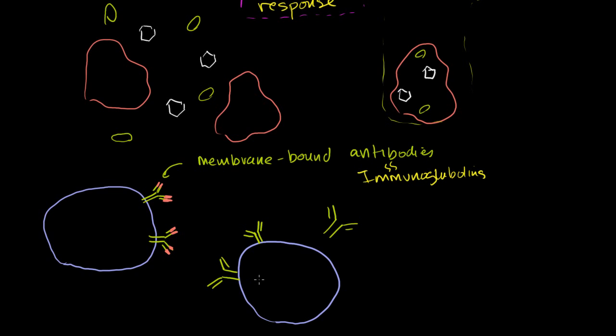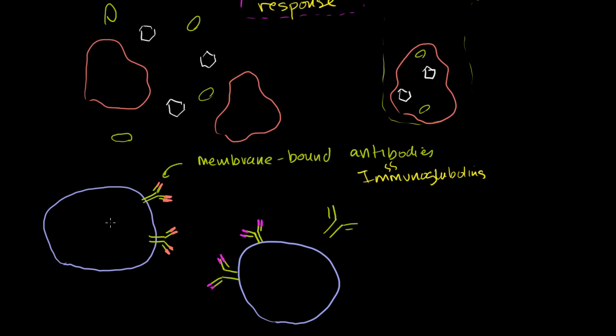Now, this different B cell is going to have different variable portions. So let me do it in a different color. Maybe I'll do it in magenta. So his variable portions are going to be different, just like that. Now, he has 10,000 of these on his surface, and every one of these has the same variable portion, but they're all different from the variable portions on this B cell.